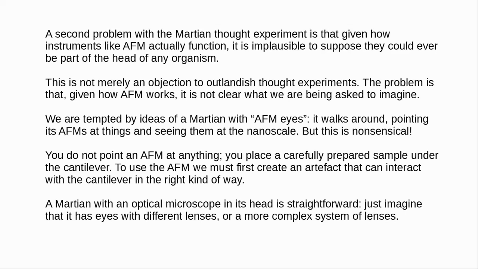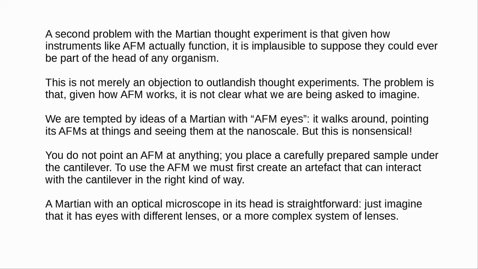I mean, the previous example of the Martian with the photographic camera in its head, which I think intuitively counts as a kind of memory rather than a kind of perception, should illustrate that we maybe can't rely on our intuitions about whether some mechanism is a perceptual process until we're able to state specifically how that mechanism functions within the organism. Maybe it would be possible to provide a thought experiment where the mechanism is described in detail and where our intuitive judgment is that it's a perceptual process, but then it's probably also going to be possible to provide a thought experiment where the mechanism is described in detail and our intuitive judgment is that it's not a perceptual process.